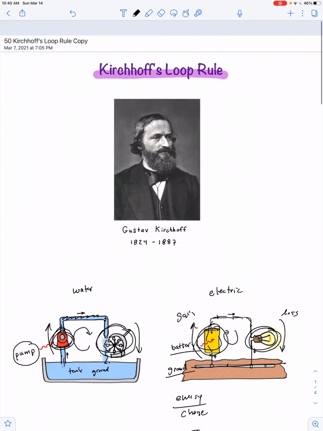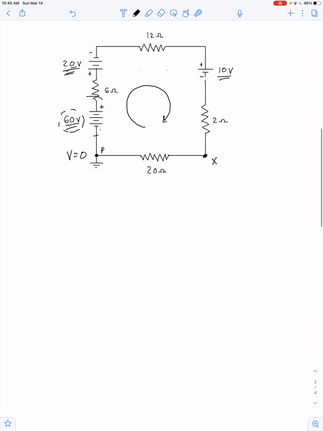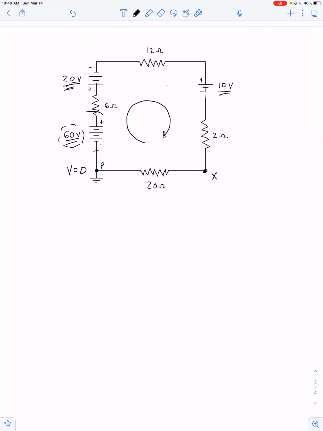So if you want to go back to the water circuit analogy, it's like I have pumps facing in opposite directions. However, these two weaker pumps, so to speak, don't add up to be powerful enough to offset the effect of this pump. Yeah, so I feel pretty good in guessing that the direction current flows in this circuit is in a clockwise direction.